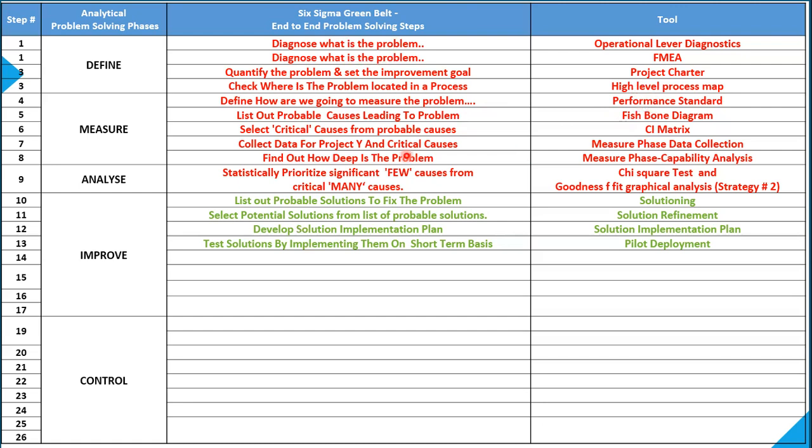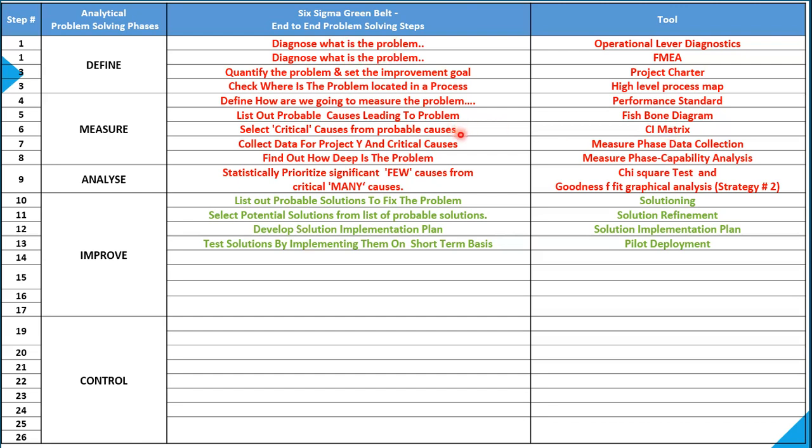Then we started an exercise of finding out probable causes, and we used a fishbone diagram to categorize probable causes. Then from the list of probable causes, we selected critical causes with the help of the CI matrix. So the CI matrix helps us find highly controllable, highly severe, and highly frequent causes.